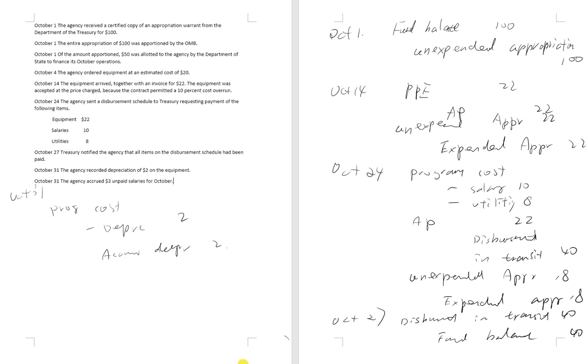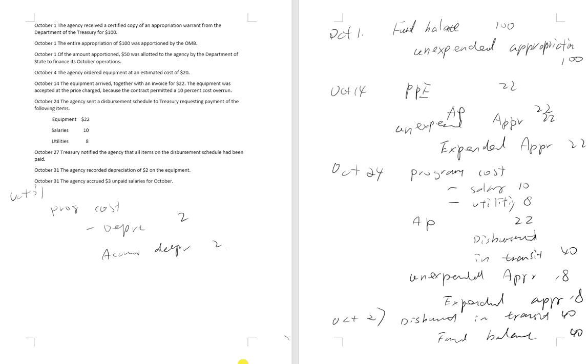And finally, the agency accrued $3 of unpaid salaries for October. So according to the budgetary accounting, because the employee has worked, we have to actually use the current period's budget, right, to keep that part, so we can pay in the future period.